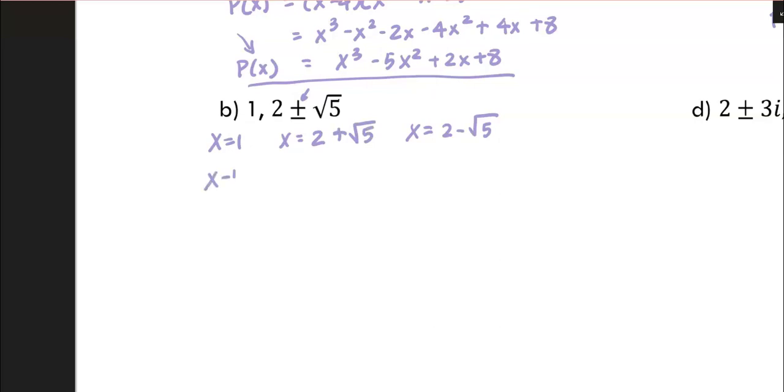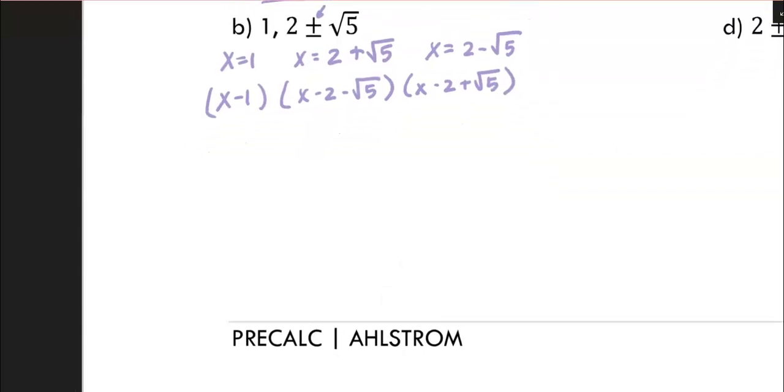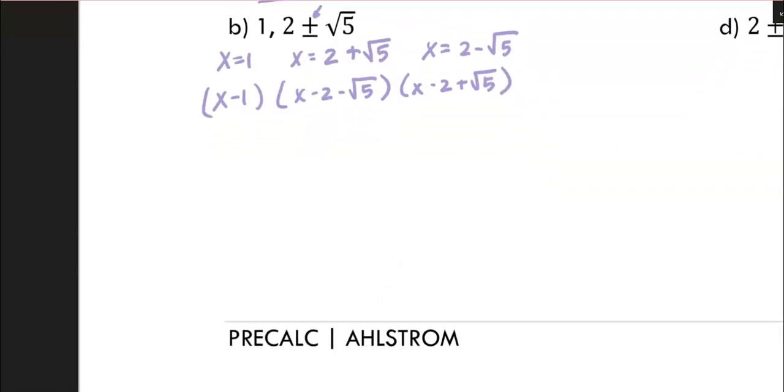And then x minus 1, x minus 2 minus square root of 5, x minus 2 plus the square root of 5. And then let's go ahead and multiply these two together.